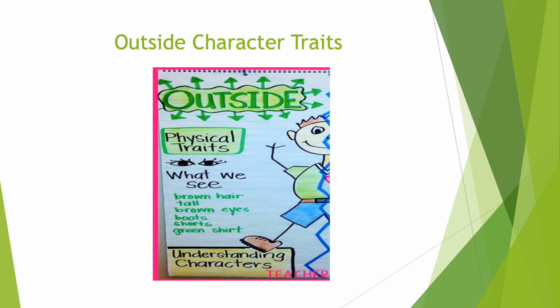So if we look at this anchor chart, when we look at the character, we see that he has brown hair, that he is tall, that he has brown eyes, that he's wearing boots, shorts, and a green shirt. These are some things that we see when we are looking at these characters. And this is how you describe the outside character traits.